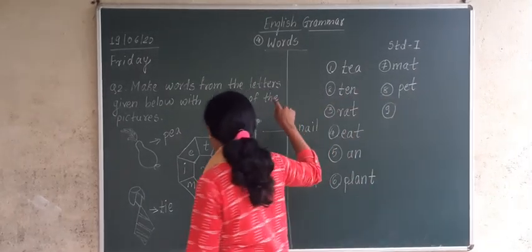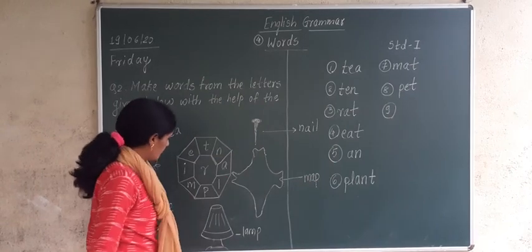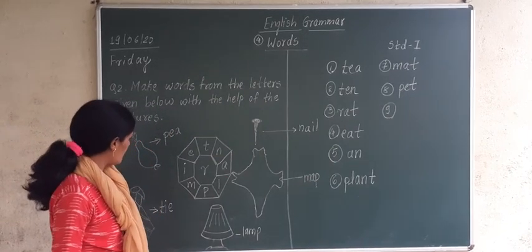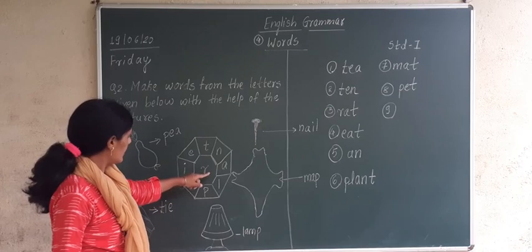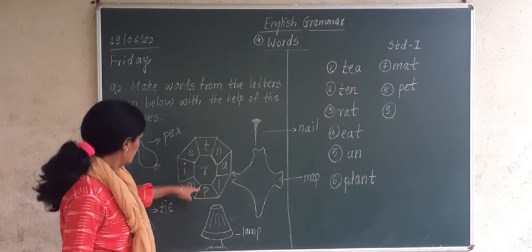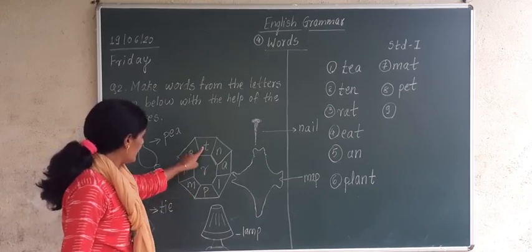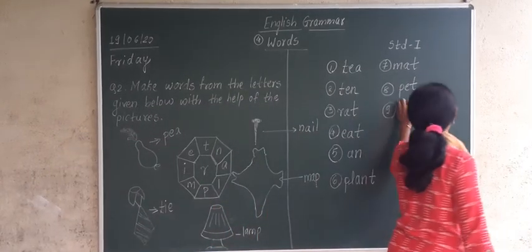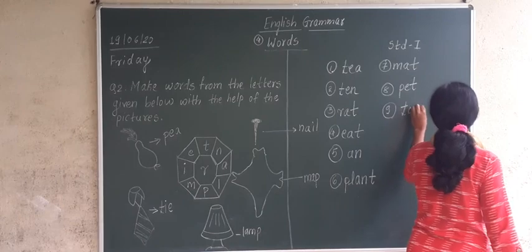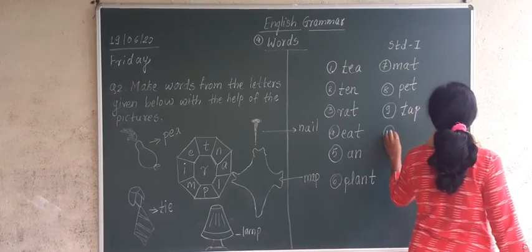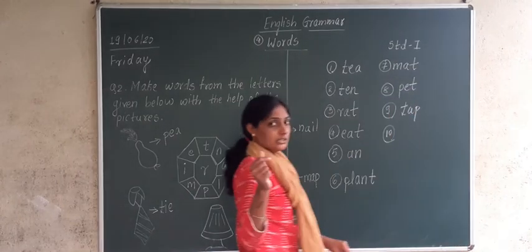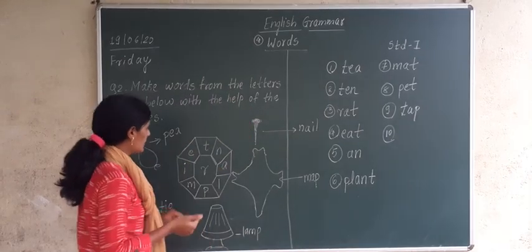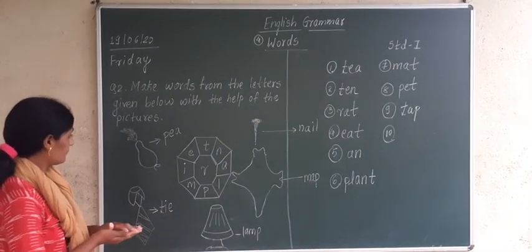You have a pet dog, you have a cat at home, which is the pet animal in your house. Next word which we can make is T-A-P, tap. What is the meaning of tap? Tap means nal, correct?